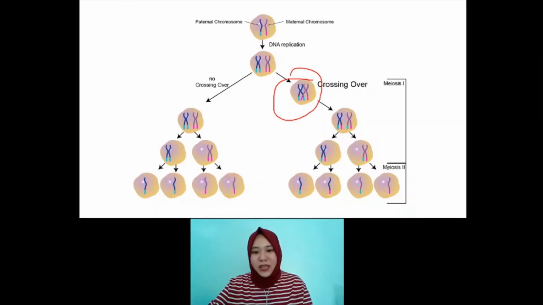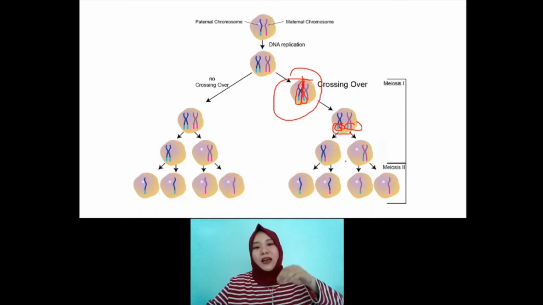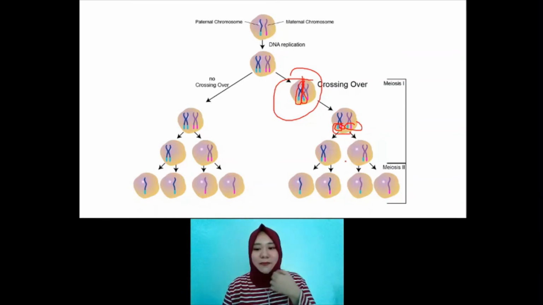The resulting chromosomes are a combination of those genes. You can see this one here, it was blue-blue at first. After crossing over, it becomes a combination of blue and pink genes. Okay? By the way, genes are not colored blue or pink. These are just representations so that you could understand what really happens.